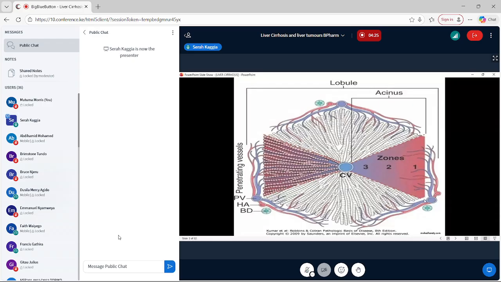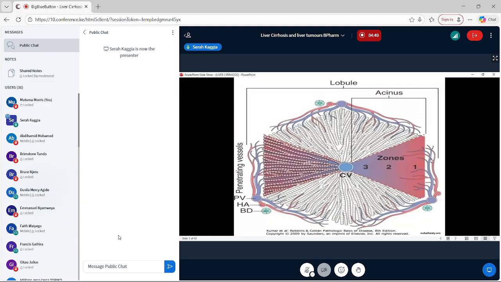And now they'll be coming where the portal tract is, where you have your bile duct, your hepatic artery and your hepatic vein. So you're having them like this on this side. So you can also describe it as an acinar like that. And here you talk about how close it is from the portal tracts, and these penetrating vessels.